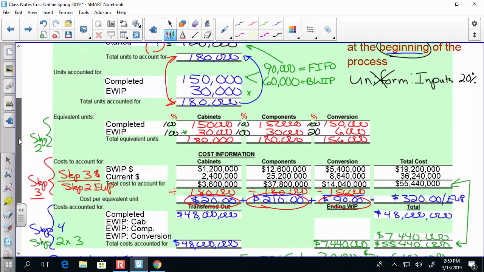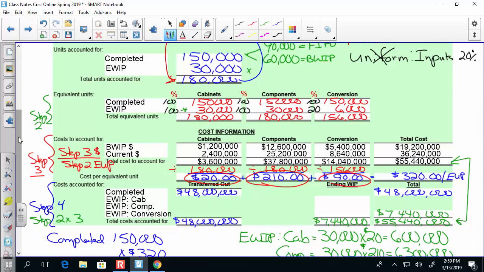The numbers were kind of big, so I'm just going down here. Two material types, cabinets and components, and then finally conversion, which is direct labor and overhead. Normally we put those two together. It just saves having to do another column. And another reason we put those two together is that their percentages of completion are assumed to be the same in this case. So 150,000 were completed, 100%. Equivalent unit-wise, that's 150.